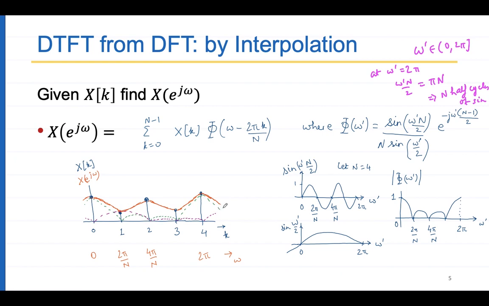Since this is periodic, on the left hand side also you will get the same thing. And then at k equal to 2, this is ω minus 4π upon capital N. So it will be the same shifted version of this, right? So Φ is shifted by that much amount. In this way we see the interpolation is done by this capital Φ.